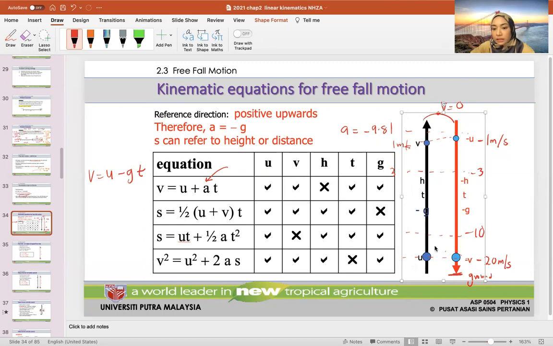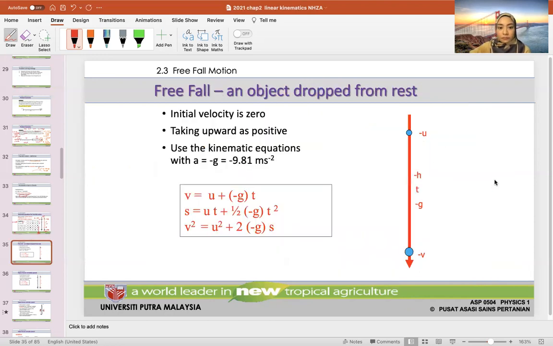Tapi in reality, my ball, this is my hand, goes up here, it also goes down here. So the red and the black sebenarnya overlap. Kenapa kita separatekan dia? Kita nak tunjuk ada V equals to 0 and sini positive V, sini negative V. Okay? So that is your free fall.